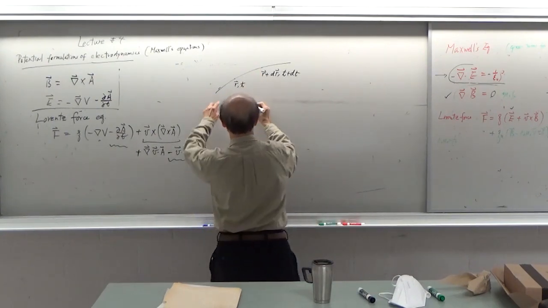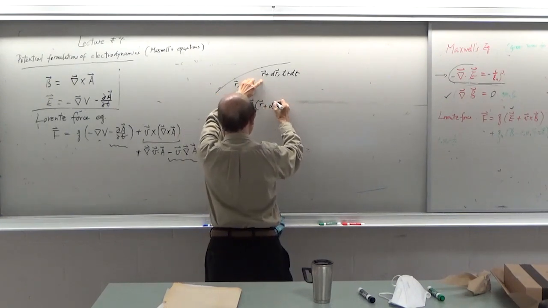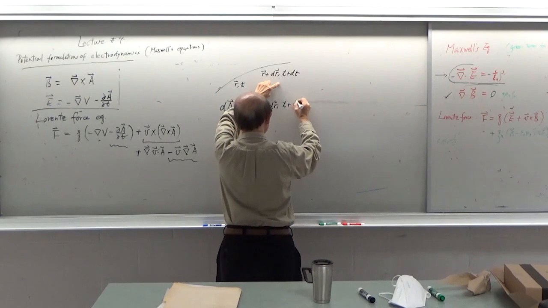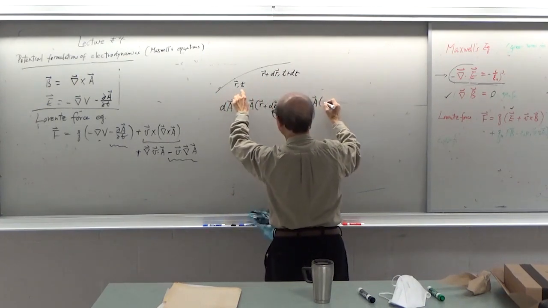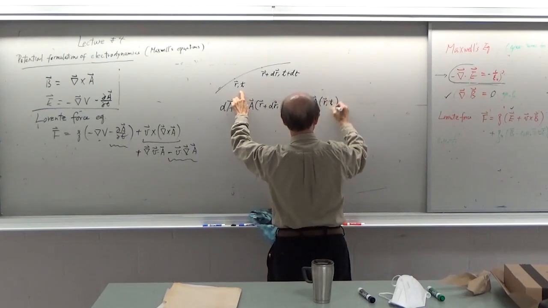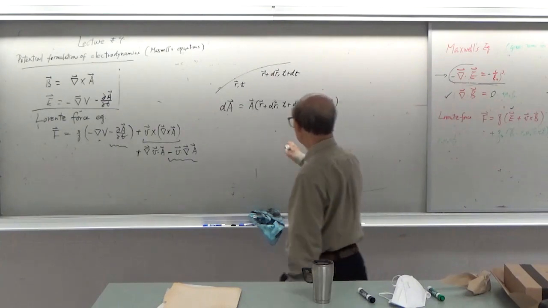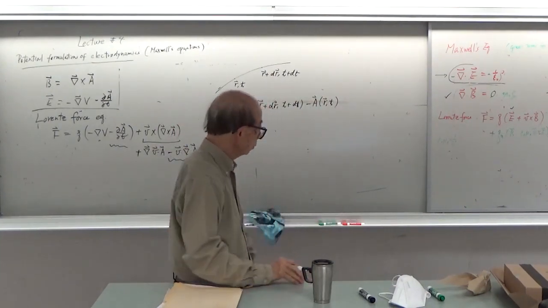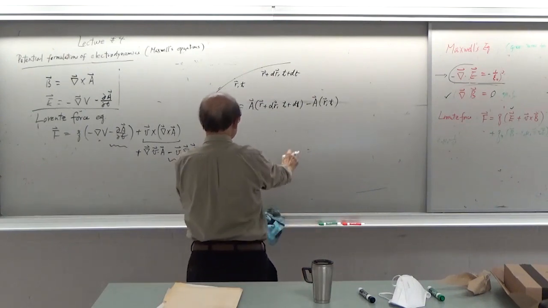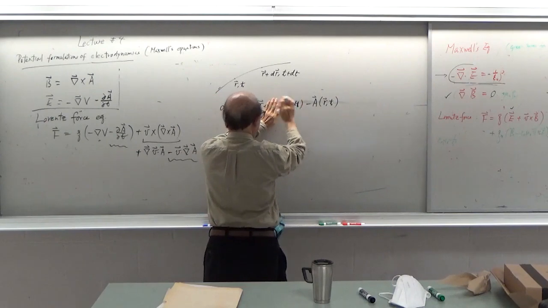That will be equal to A at this location and at this time, minus A at this location and at this time. Obviously, for the first term, we should use the expansion. If dr and dt were 0, then of course the difference would be 0.